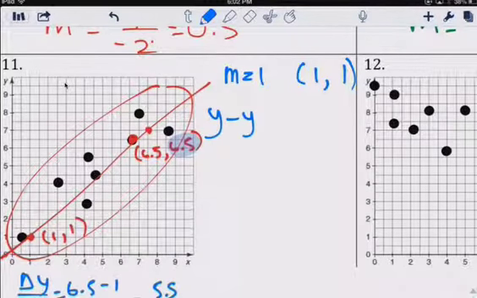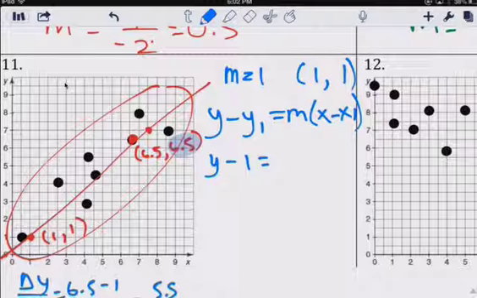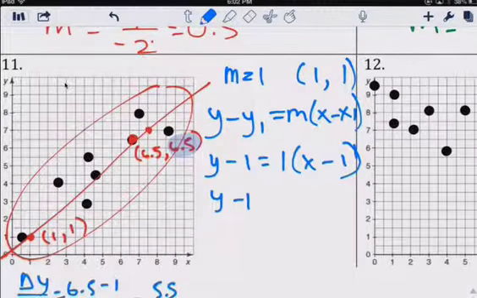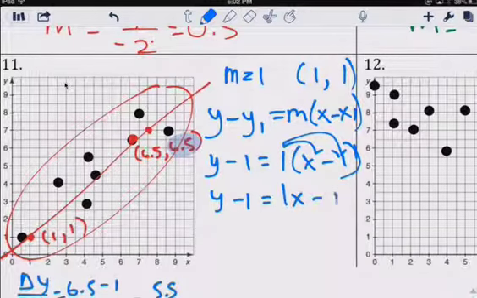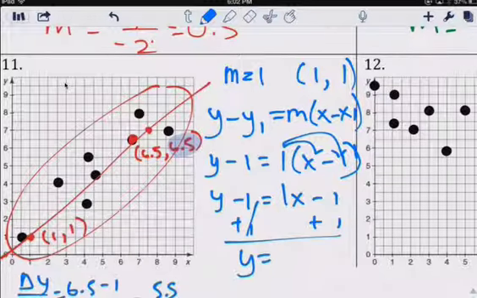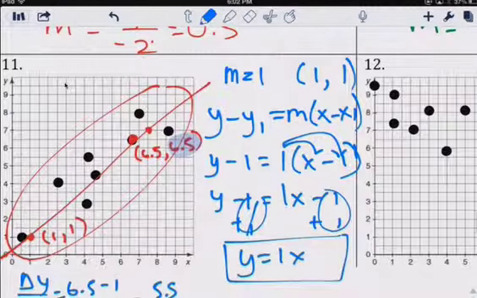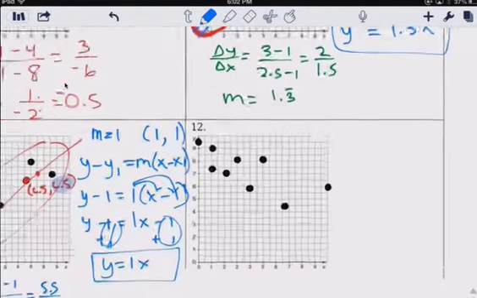Y minus y1 equals m parentheses x minus x1. Y minus 1 equals 1 parentheses x minus 1. Y minus 1 equals 1x minus 1, add 1, add 1. Y equals 1x plus 0. 0 plus 1x is 1x. So that's our answer. Well, that's almost like the top one.